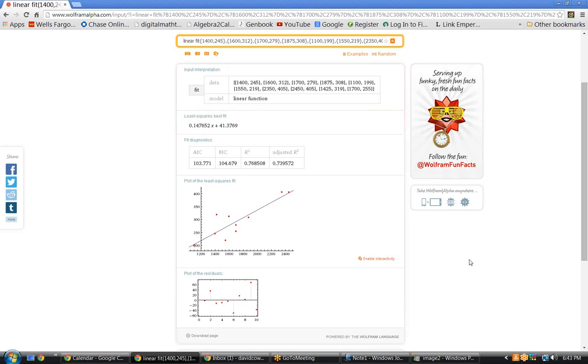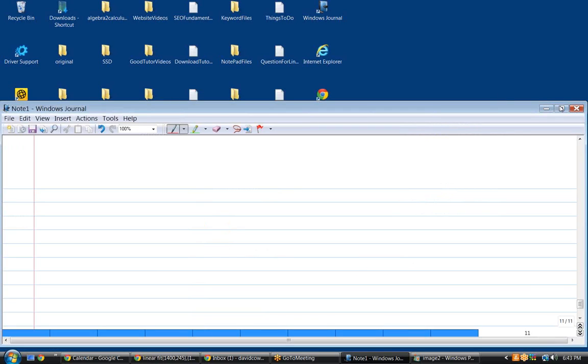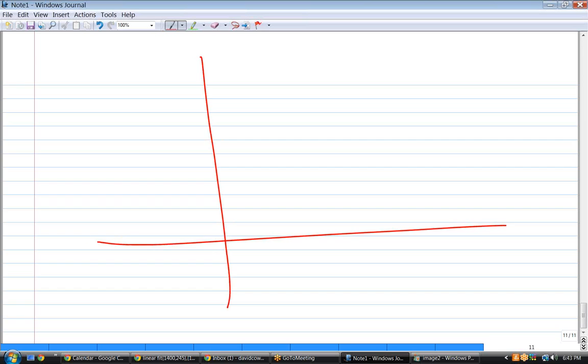Now, the trick is to assume that there is a straight line that fits nicely between those dots. Let's talk about that for a minute. If I gave you a bunch of dots like this, you would say, wow, that looks linear.